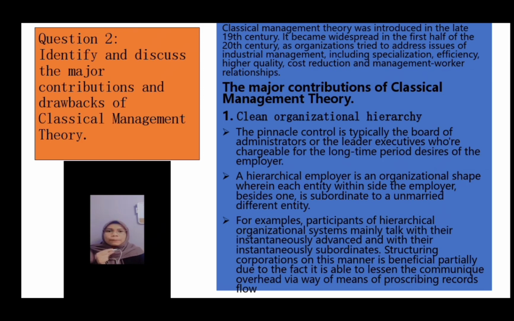For example, participants of a hierarchical organizational system mainly talk with their institutionally superior and with their institutionally subordinate. Structuring cooperation in this manner is beneficial, particularly because it is able to lessen the communication overhead by prescribing information flow.